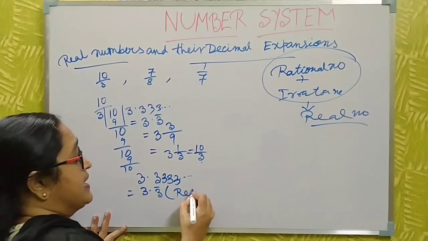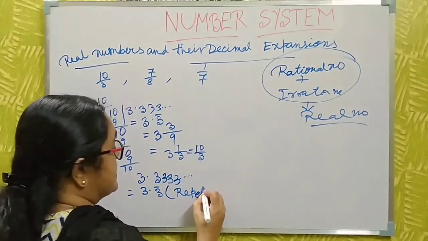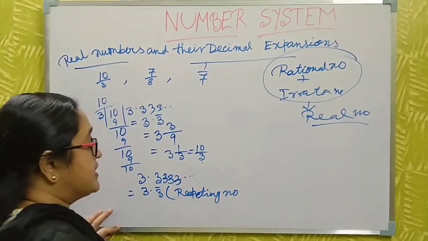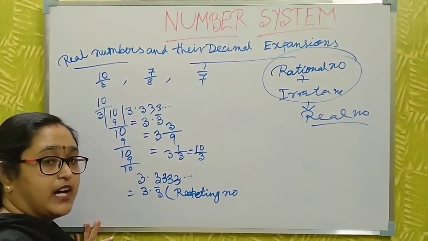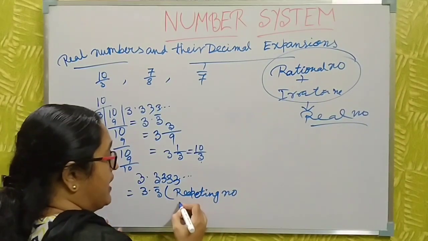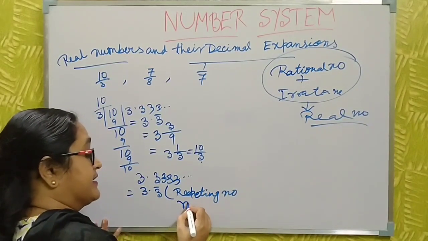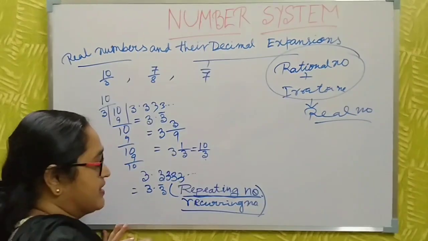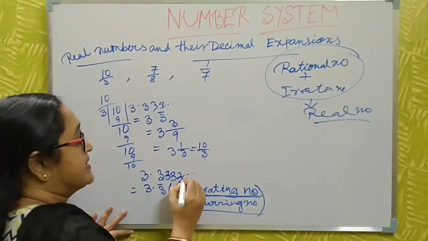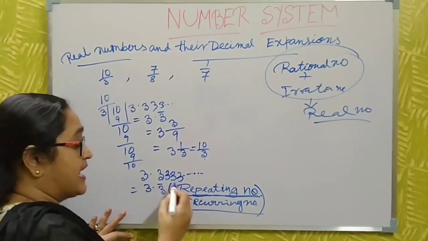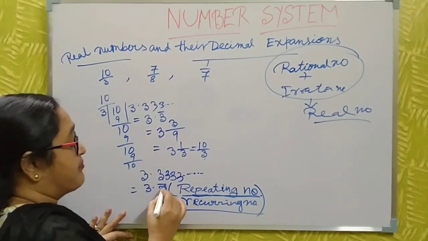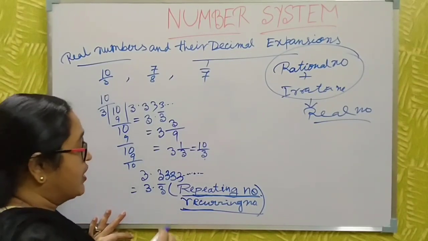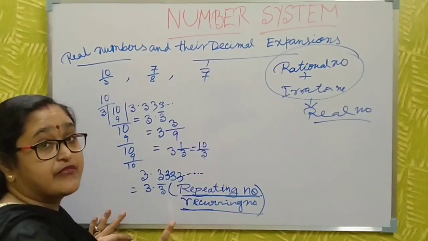This is also called a recurring number. This number repeats many times, 333, that's why it is called the repeating number, as well as the recurring number. You must listen carefully.